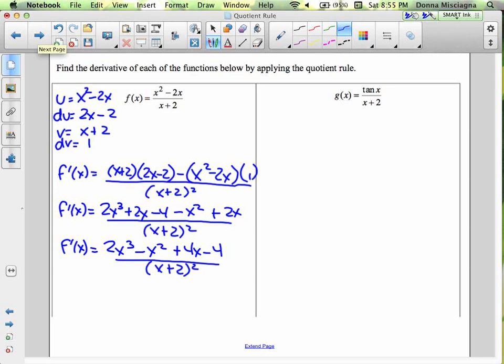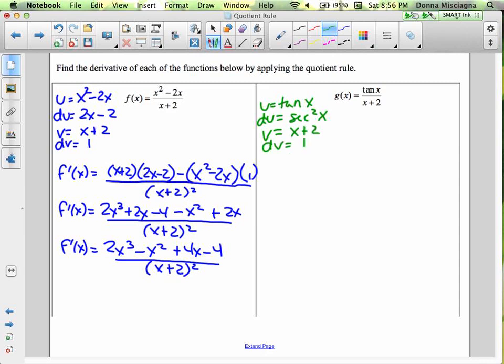All right, let's find the derivative of the next one. All right, so u is tangent x. The derivative is secant squared x. Denominator, x plus 2. And the derivative is just 1.